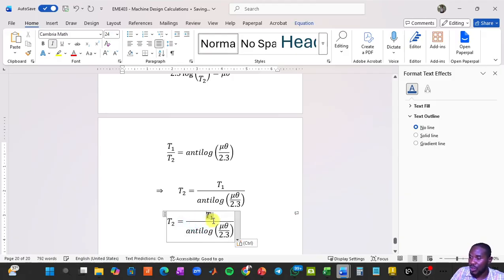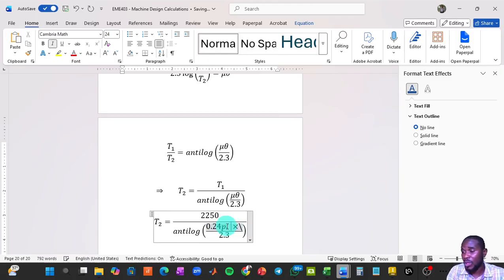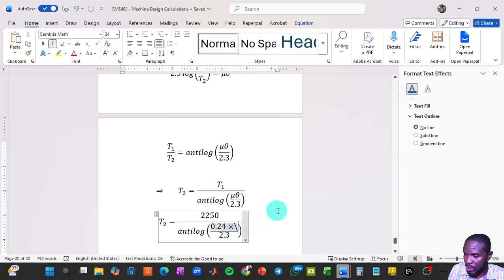So T2 is 2250 newtons divided by 0.24, that's mu, times pi, divided by 2.3.